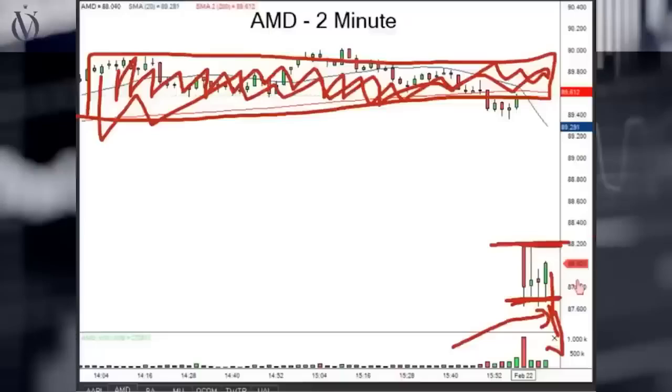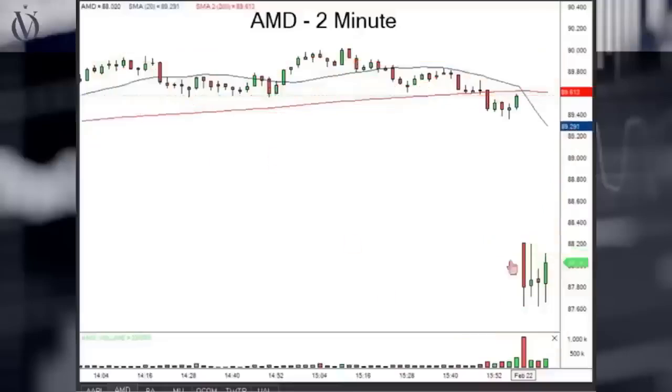But if we take out this red bar very powerfully, it's a potential long with the idea that it can go back toward the resistance. But it really depends on how this red bar is taken out. If it's taken out powerfully, it's a buy.